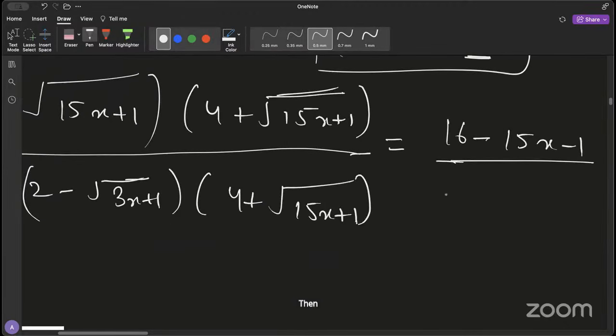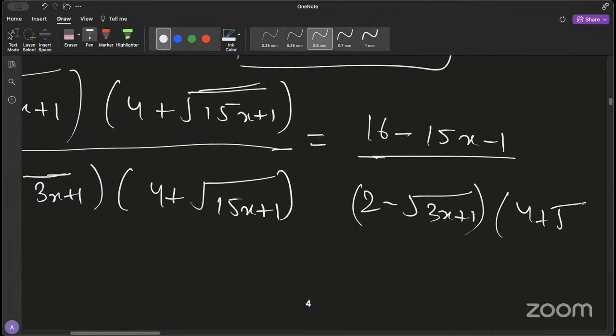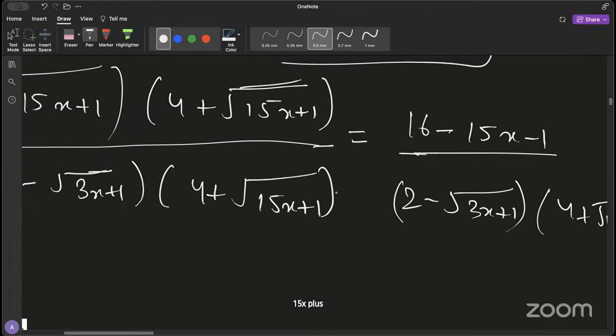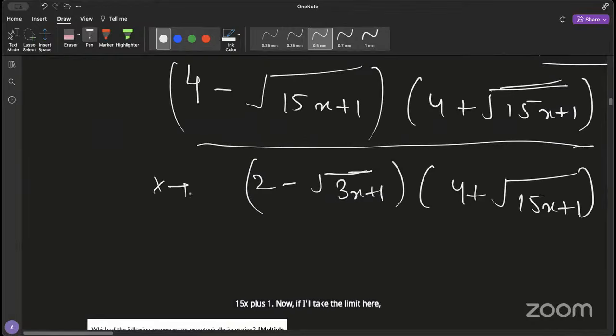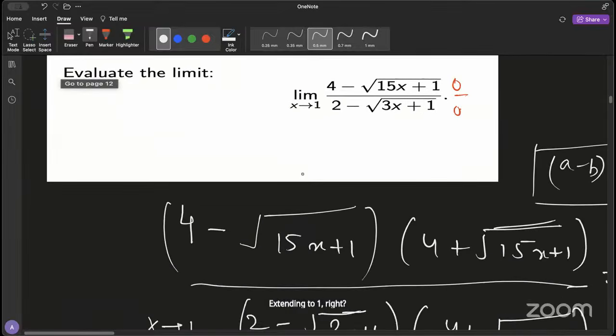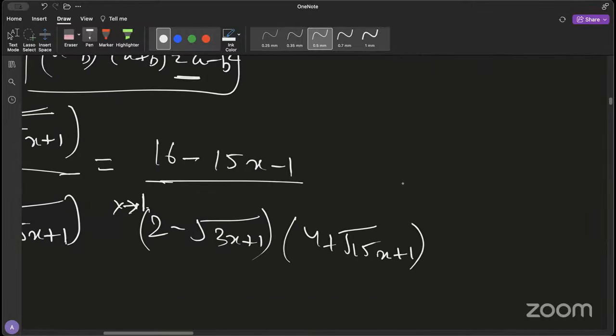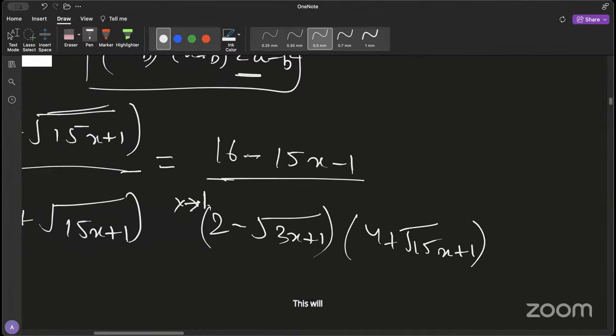Then here you will have 2 minus 3x plus 1 and 4 plus square root of 15x plus 1. Now if I take the limit here, x tending to 1, this will be 16 minus 15 minus 1, which is 0.